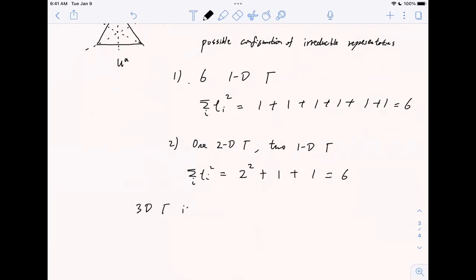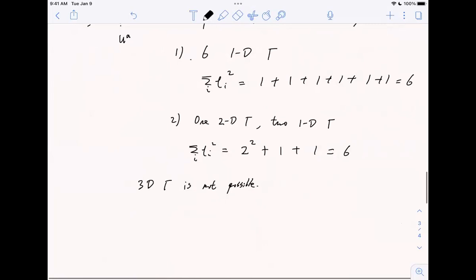A 3D gamma is not possible. Gamma means irreducible representation, because 3 squared is larger than 6.